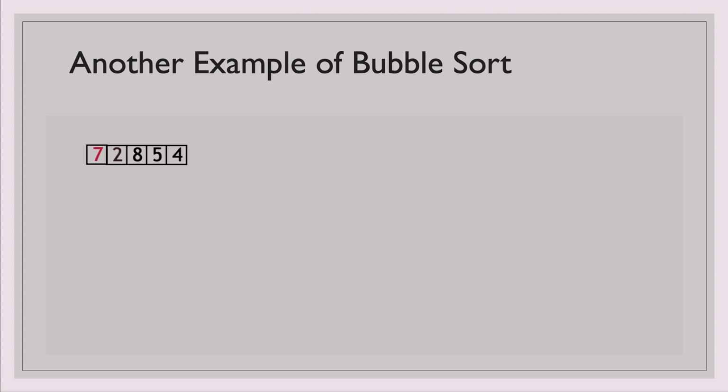Here is another example. We have an array of integers with these values: 7, 2, 8, 5, and 4. And we want to sort them by bubble sort. So first, it compares the first value with its neighbor. So 7 and 2 are compared, and because 2 is less than 7, it swaps these two values.